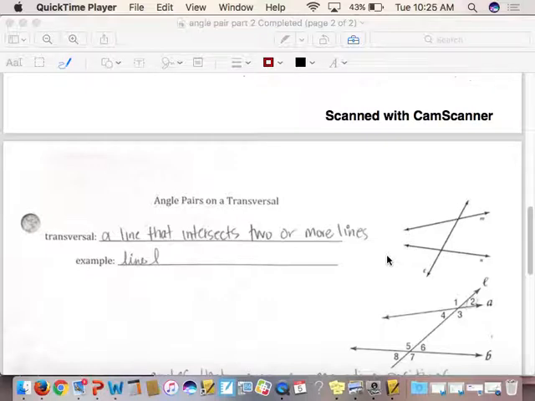A transversal is one line intersecting 2 or more lines. So in this diagram here, that's line L, and you do not have this particular diagram on your notes, but you have the diagram that has the angles already numbered. So line L is a transversal.